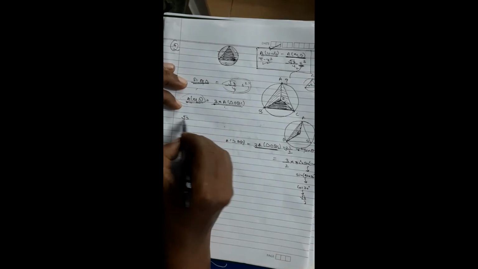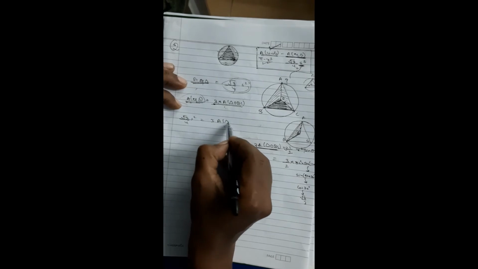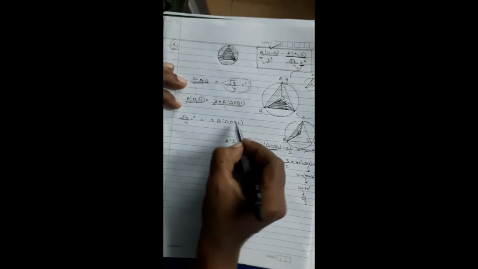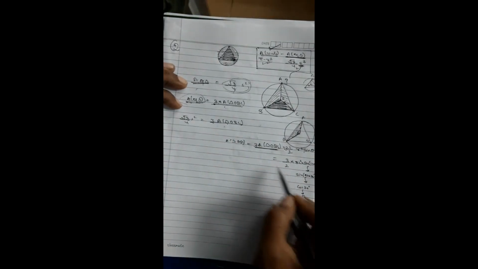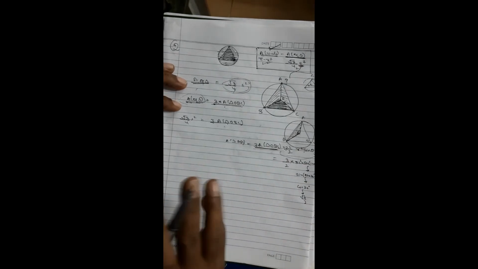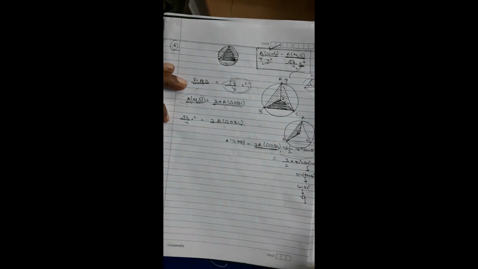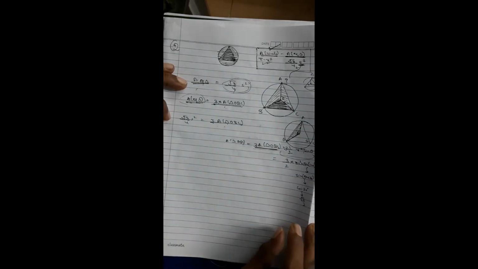Root 3 upon 4 side square is equal to 3 times the area of triangle OBC, and this will give me the side of the equilateral triangle. I know it is slightly confusing even now. I will try to solve it in front of you.